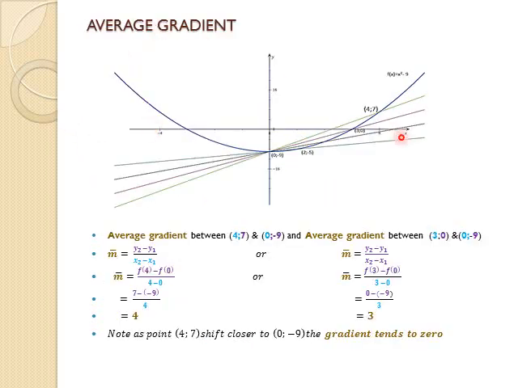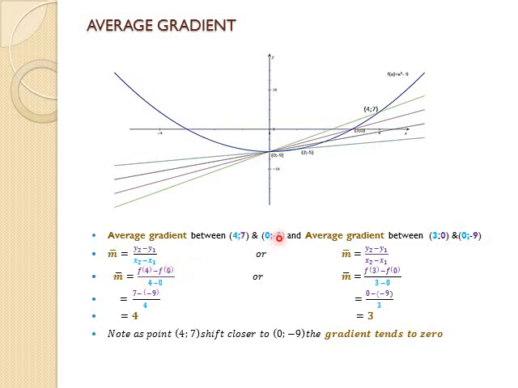So for average gradient, look at the gradient between (4, 7) and then between (3, 0). All I've done here is draw gradients between 2 points on the parabola to see what transpires. If I take the average gradient between (4, 7) and (0, -9), to get 7 I write f(4), and to get -9 I write f(0), meaning substitute 4 or 0 in the equation.